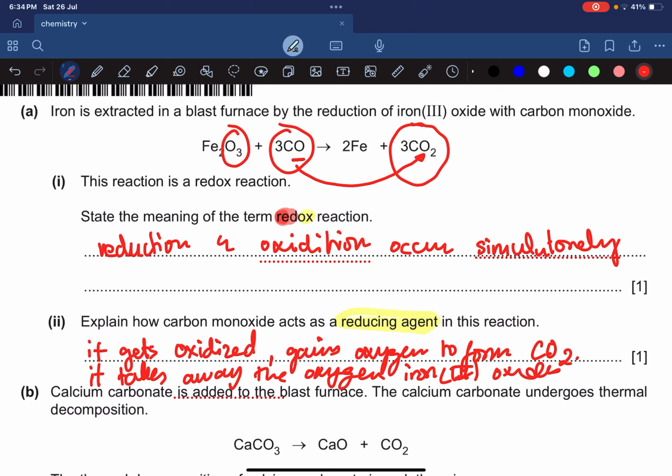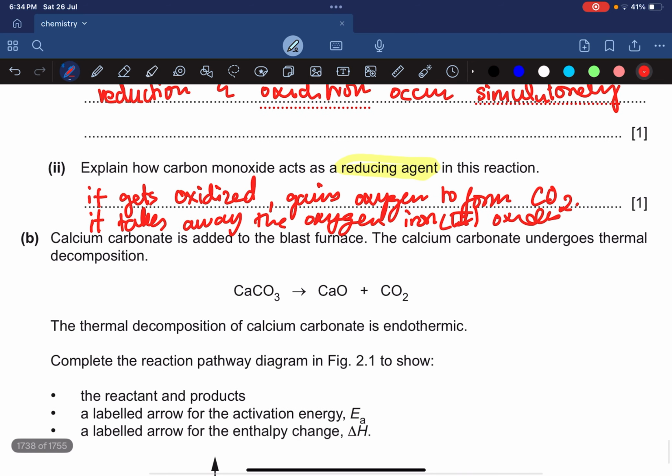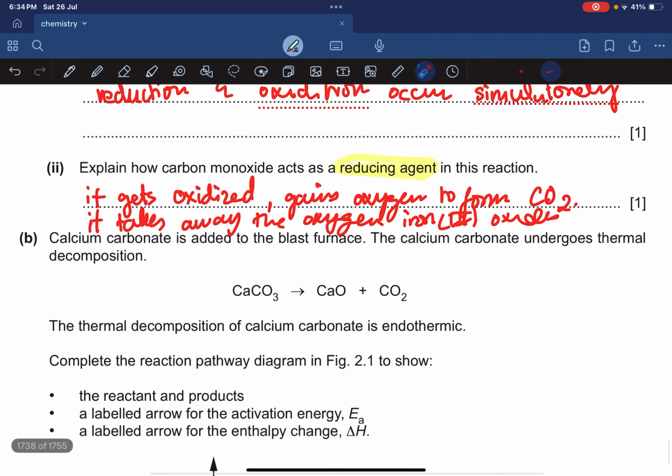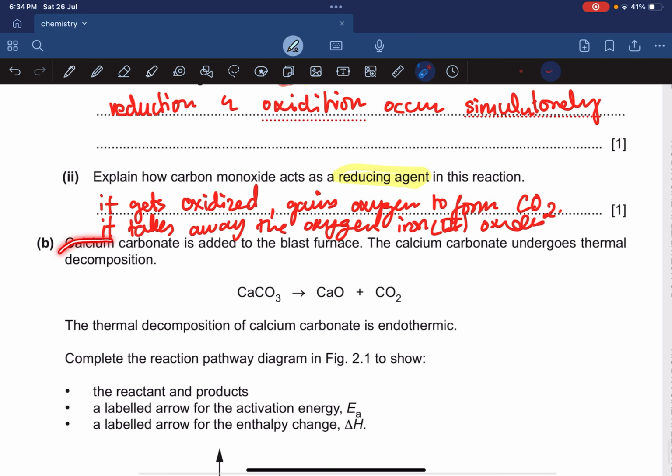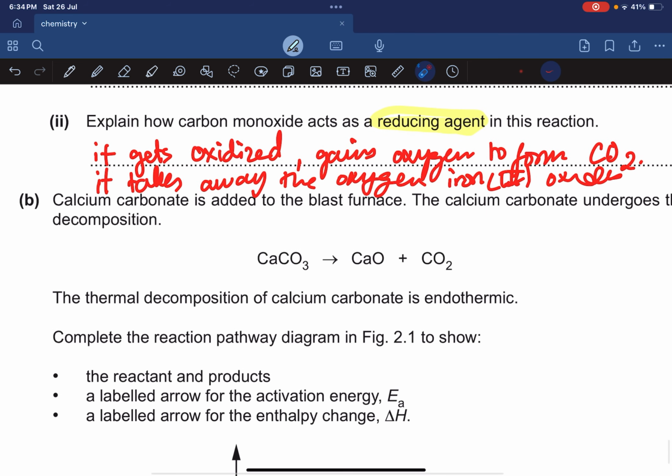Moving on, calcium carbonate is added to the blast furnace. The calcium carbonate undergoes thermal decomposition. Thermal decomposition means that you're giving heat to a substance and that substance is being decomposed. Thermal means heat, decomposition means breakdown. This is your calcium carbonate, you're heating it up and it breaks down into calcium oxide and carbon dioxide, and that's the case with most metals.